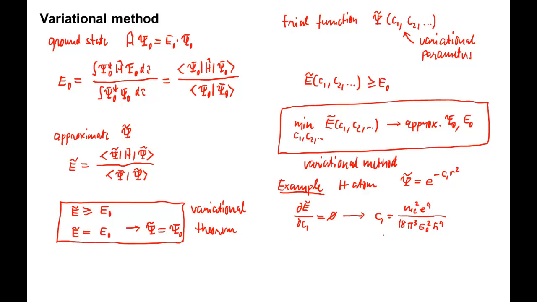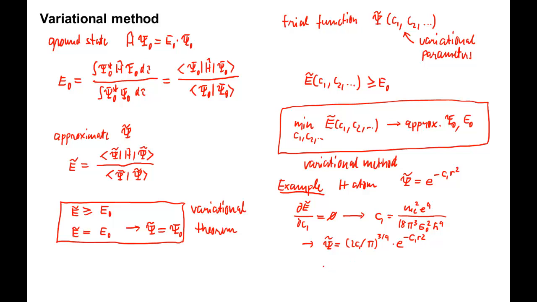The final normalized approximate wave function is psi tilde equals (2c1 over pi) to the power of 3/4 times e to the negative c1 r squared.